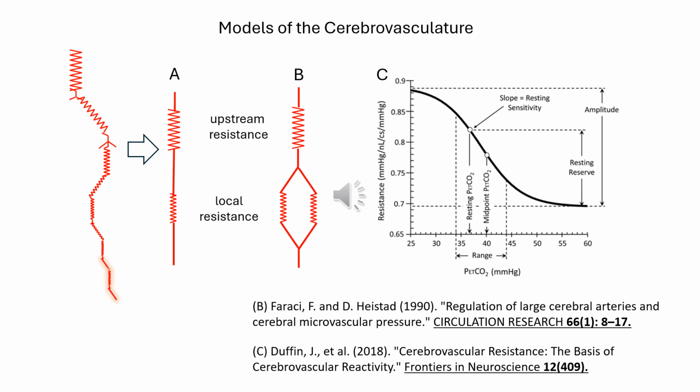It is this model that Faraci and Heistad used to explain the steal phenomenon, whereby vasodilation may increase flow in a region, but cause a decrease in flow in an adjacent region when they share a common source. Vasodilation as CO2 increases reduces the vascular resistance in a sigmoidal relationship as shown in C, due to the limits of vasodilation and vasoconstriction.